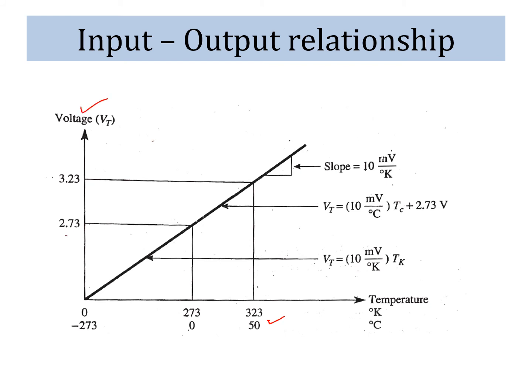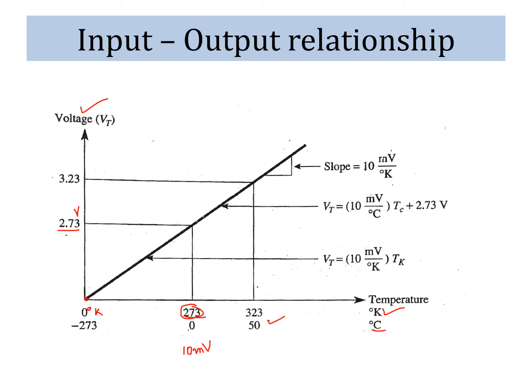Now here on the x-axis we have two ranges, either in centigrade or in Kelvin. As per the data sheet, this sensor is calibrated for Kelvin, that is at 0 degrees Kelvin the output is 0. At 273 Kelvin the output will be 10 millivolt multiplied by the Kelvin value, so 10 millivolt multiplied by 273 will become 2.73 volts.